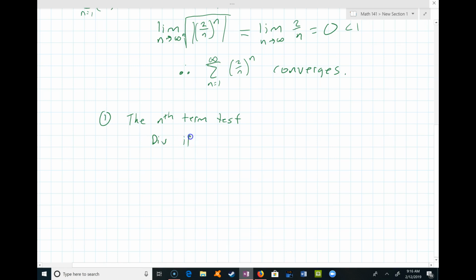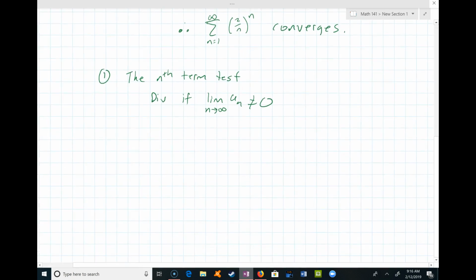So it's divergent if the limit as n approaches infinity of a sub n is not 0. If the limit is 0, then this test fails. You have to do something else. But it's worth at least considering every time you come to a series, because it's the one that we kind of forget about because it's so simple. But it's so simple, it's good to use when it works. Okay, so that would be my first step.